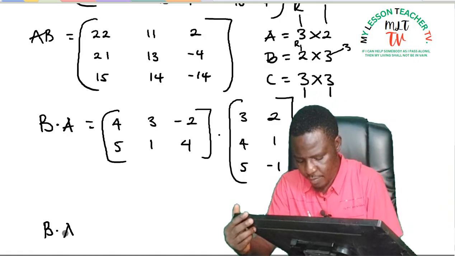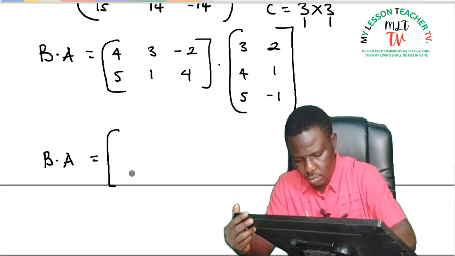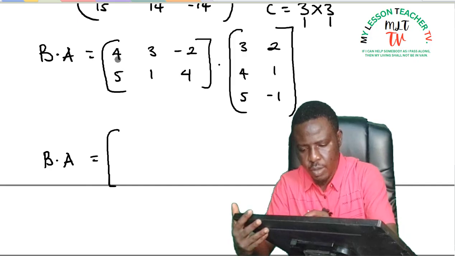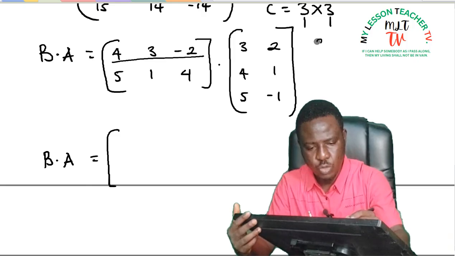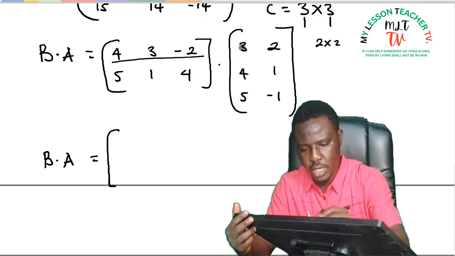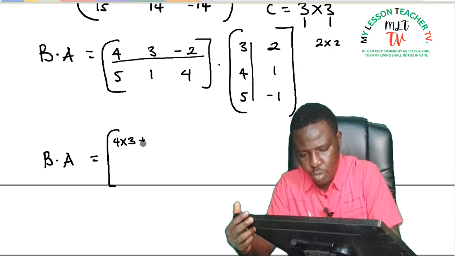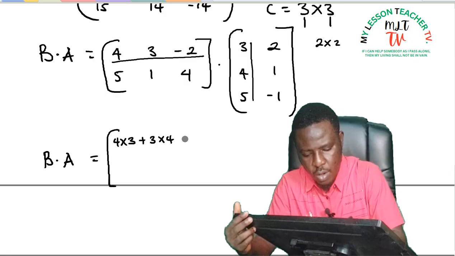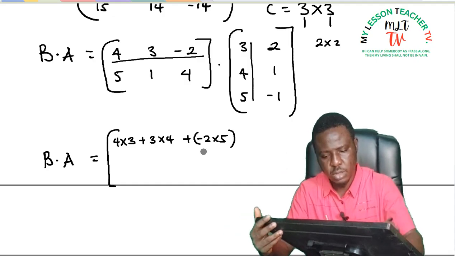So B dot A is equal to... I'm going to use row 1 to multiply. Definitely it's going to be a 2 by 2 matrix. So row 1, column 1 will be equal to 4 times 3, plus 3 times 4, plus minus 2 times 5 for our C11.